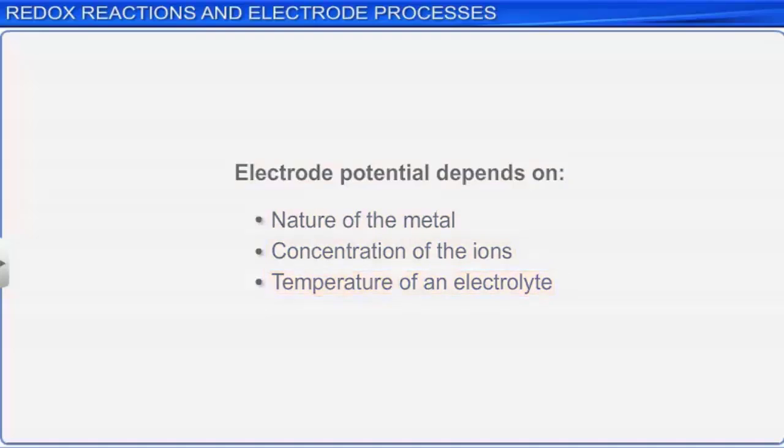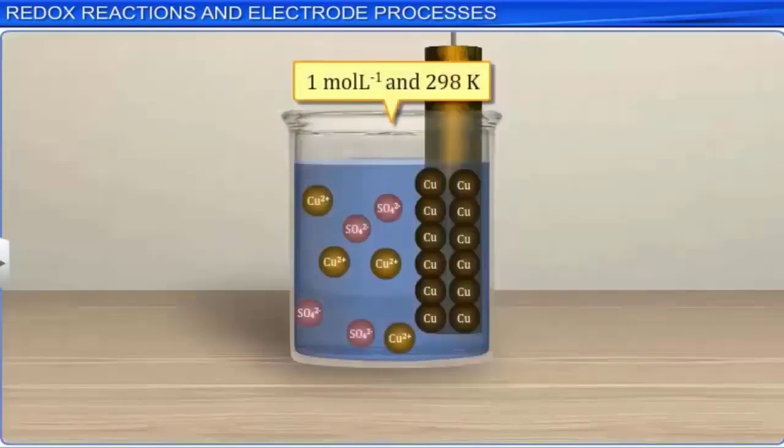If the concentration of each species taking part in the electrode reaction is taken as unity and temperature is taken as 298 Kelvin, then the potential of each electrode is known as the standard electrode potential and is represented as E0.